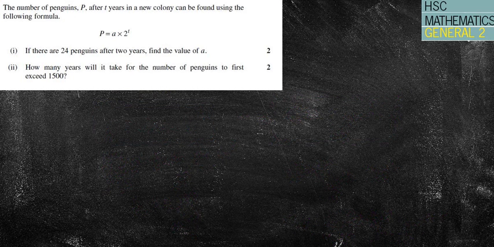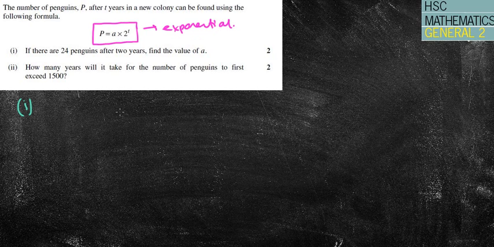Okay, second last question. The number of penguins after T years in a colony can be found using the formula P equals A times 2 to the power of T. All right, that's my formula. Now, that is an exponential equation, but I don't really need to know too much about the type of equation it's going to be.